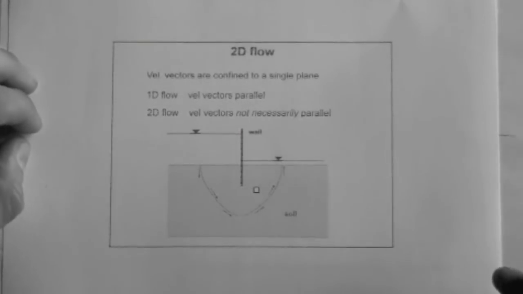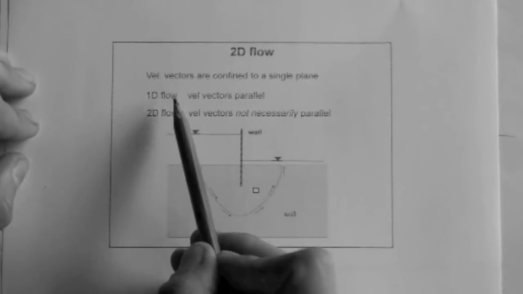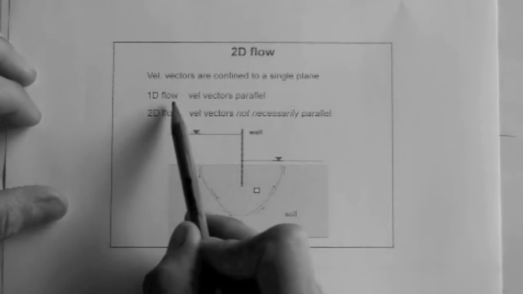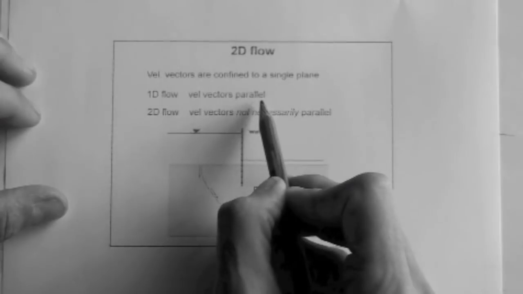In this slide we have a comparison between 1D flow and 2D flow, basically the difference between them. In 1D flow, the velocity vectors are parallel.